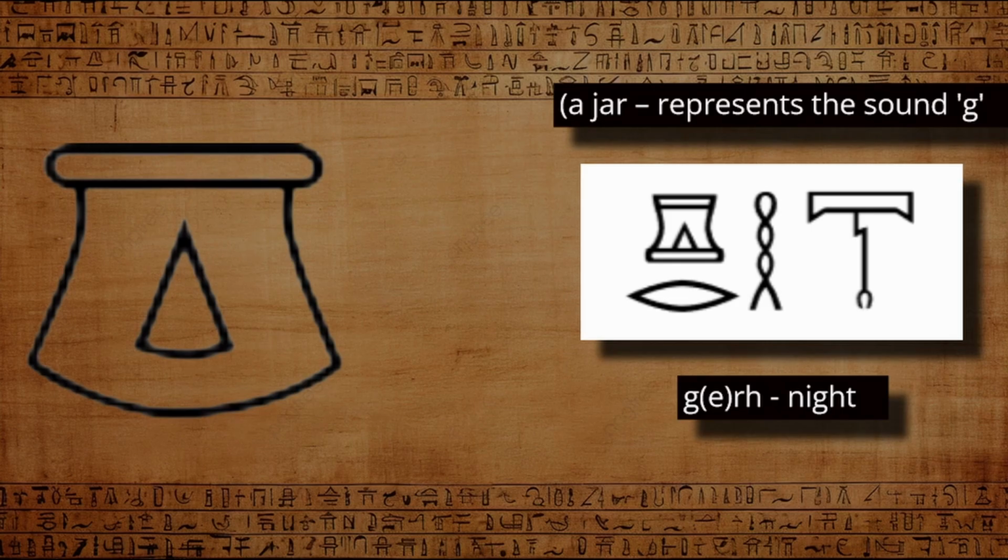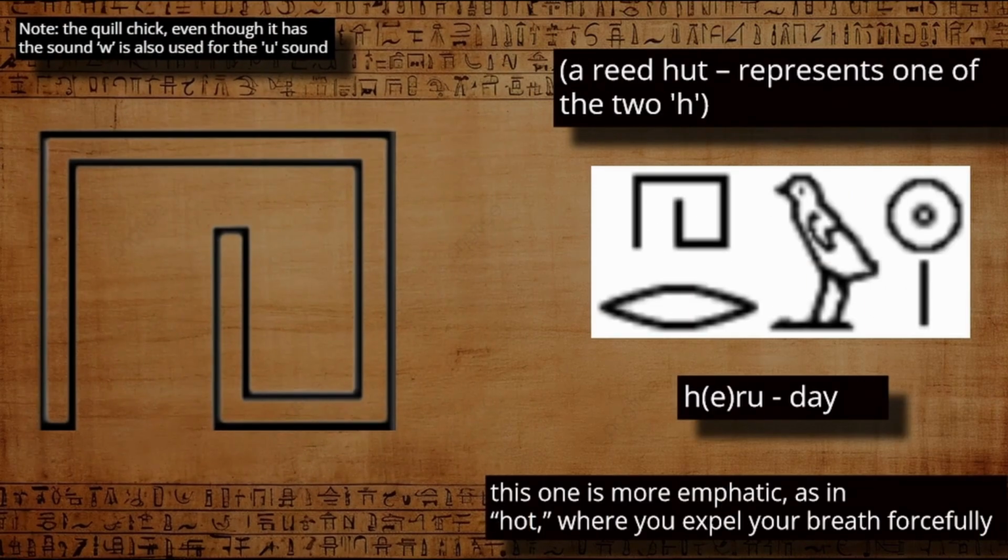So, moving on, we have a reed hut, which symbolizes one of the two h sounds. Notice how the familiar sun ideogram pops up again. And this reveals how hieroglyphs can share semantic links, connecting related ideas.